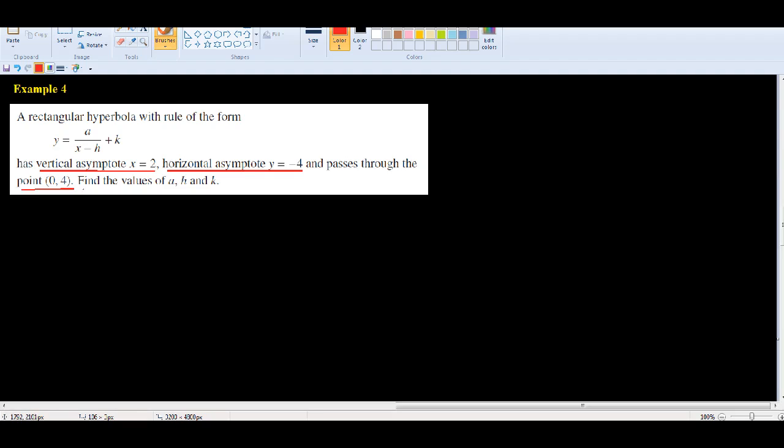How could we find this? Remember that for the horizontal asymptote, we need to consider when x tends to infinity. For the vertical asymptote, you need to consider how to make y undefined. So let's find using the horizontal asymptote first.